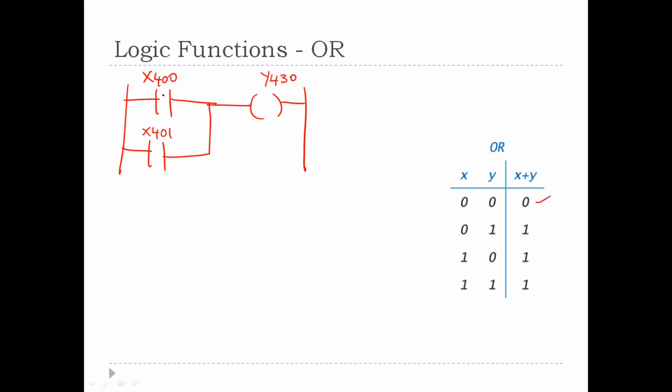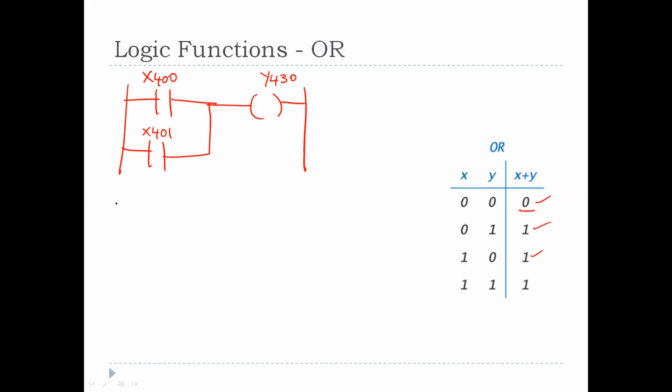In both the rungs, we have a normally open contact and hence we will not get any output. In the case of 0, 1, the second contact will be closed, so the current can flow through this and hence I'll get an output. 1, 0, the X400 will be closed and hence I'll get an output. In case of 1 and 1, both the contacts will be closed and still I'll get an output.